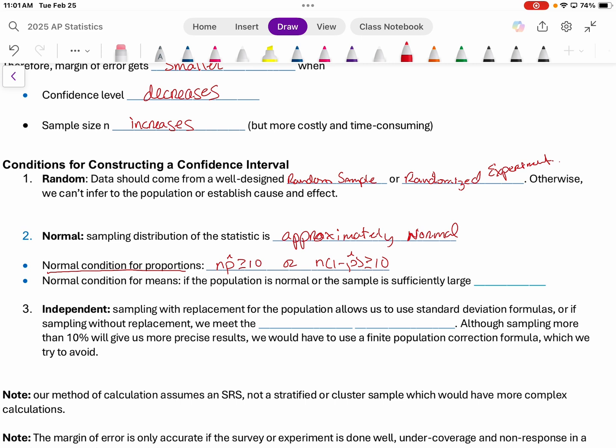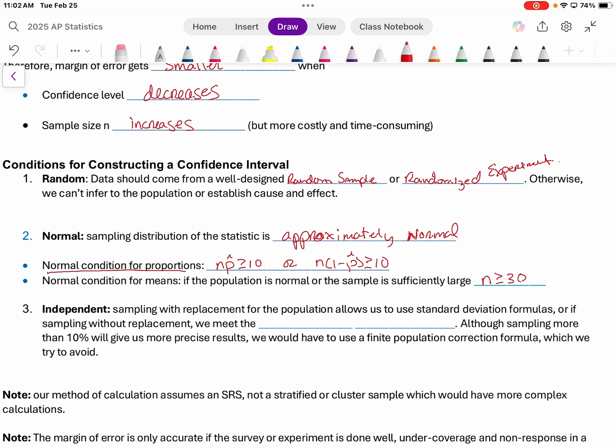If I'm dealing with means, which is after spring break, the normal condition for means is if the population is normal or the sample is sufficiently large, which was n greater than or equal to 30. If I'm greater than or equal to 30, then I get to say I'm sufficiently large, it's normal. If I have a sample size of 22, is 22 bigger than 30?